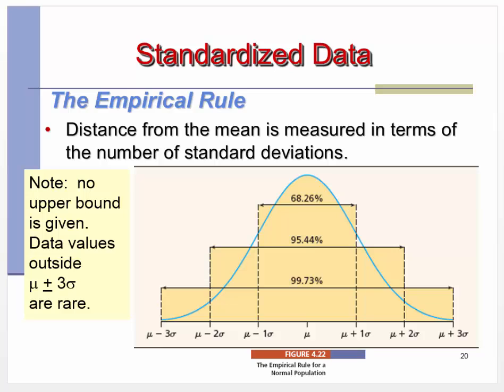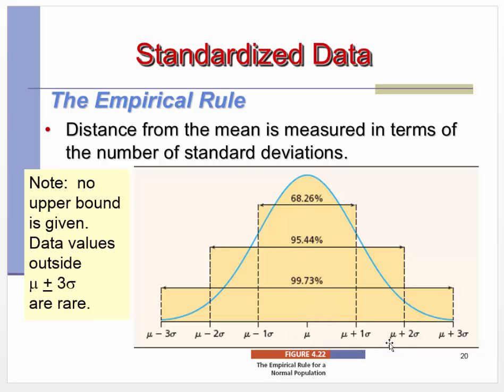This summarizes the empirical rule. The distance from the mean is measured in terms of the number of standard deviations. Here mu is the mean, and the range from plus 1 standard deviation to minus 1 standard deviation is this range here. Basically, this area should cover 68% of the total, and the total area under the curve is 100%.